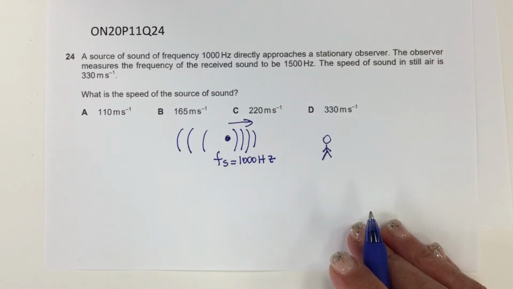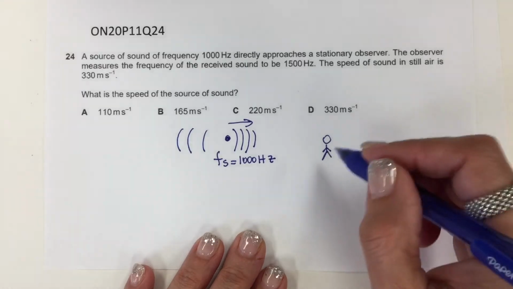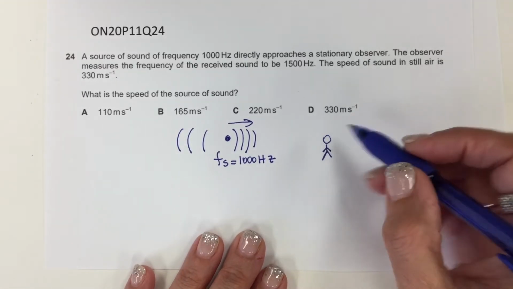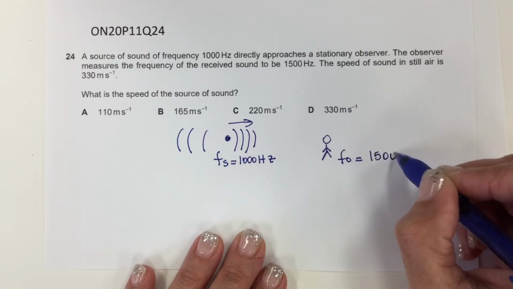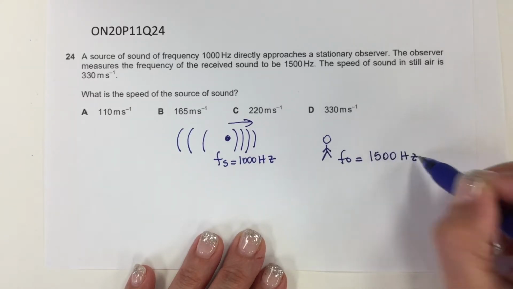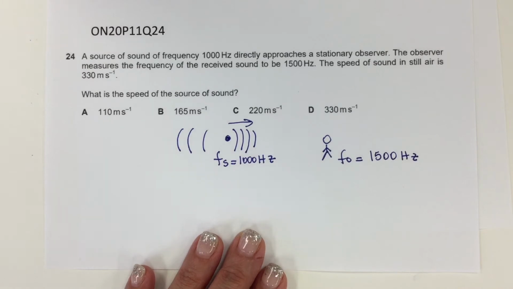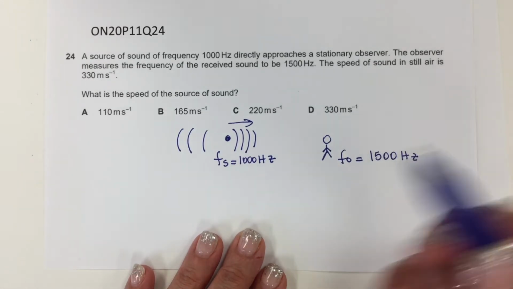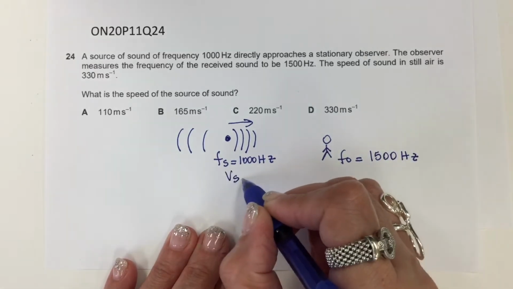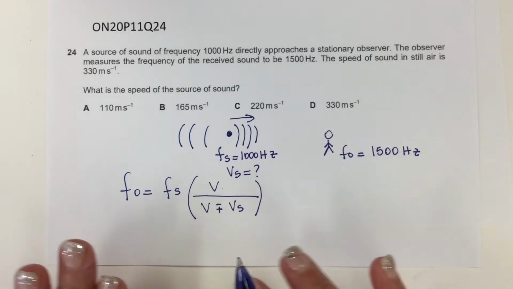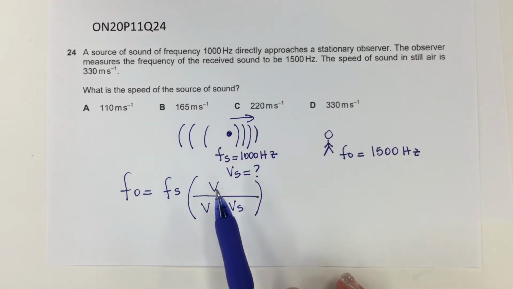The observer is going to receive the sound, so Fo, the frequency of the observer, is 1500 hertz. The speed of sound in the air is 330, and it's asking for Vs. For simplicity of the equation, I'm going to label it plain V, the speed of sound in the medium, in this case in the air.